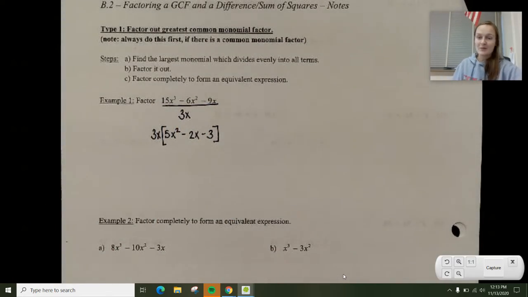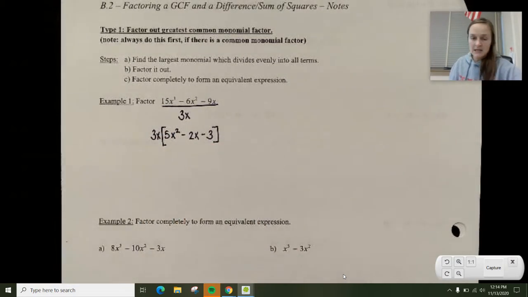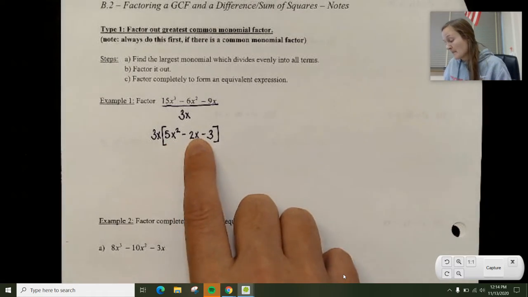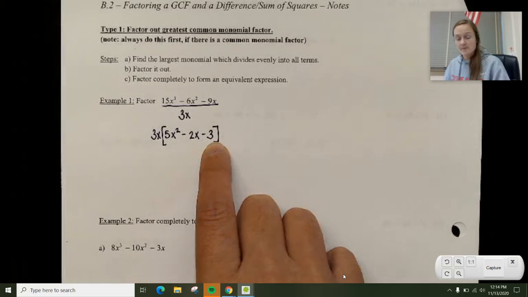If I were to multiply the 3x back in, I would get 15x cubed minus 6x squared, sorry. So now once you take out your GCF, you factor it out, and now you factor the rest of the expression. So I see 5x squared minus 2x minus 3. So just like you did in the last section, you're going to factor that expression.